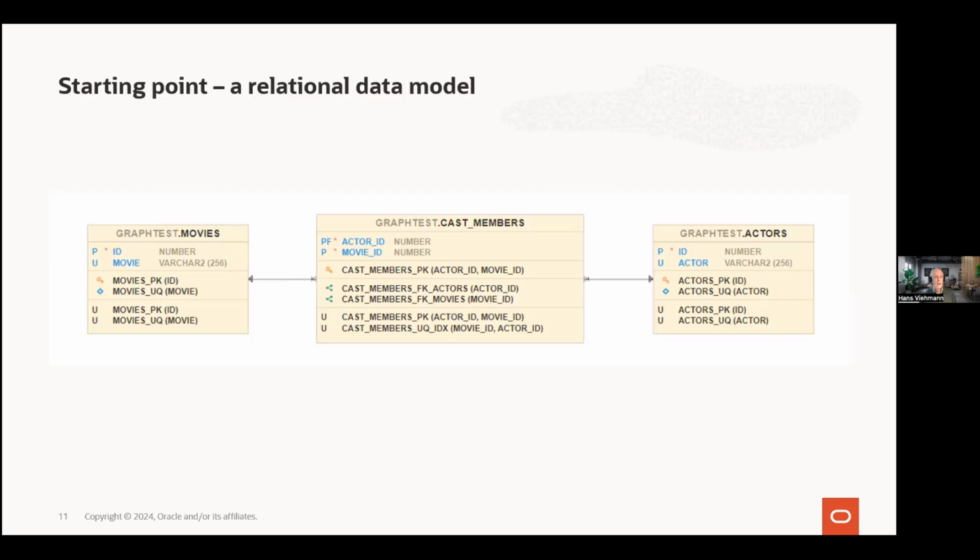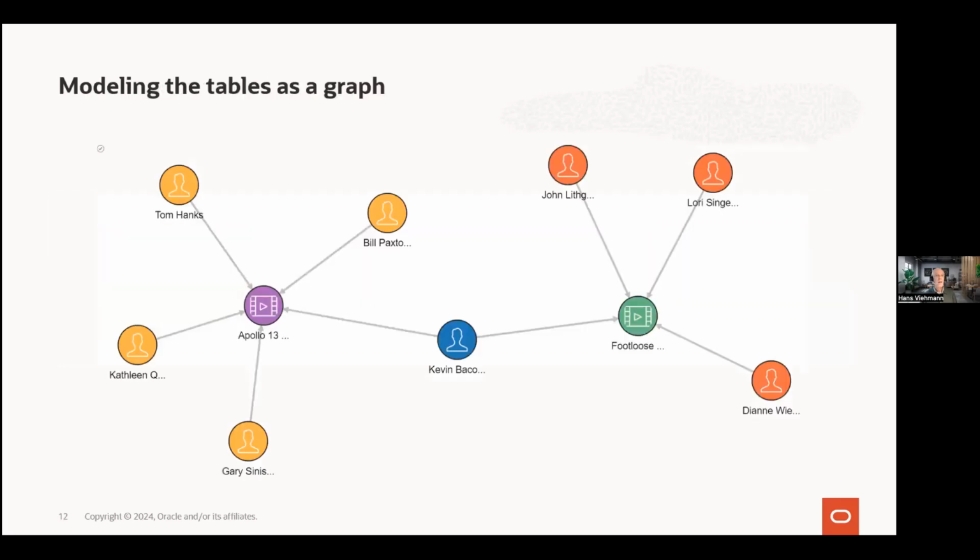That is something which in the graph world is actually a bit easier, because there, if you represent the actors as vertices, like what we have here, every row in the actors table becomes one of these things, right? And every row in the movies table becomes a vertex as well, like here.